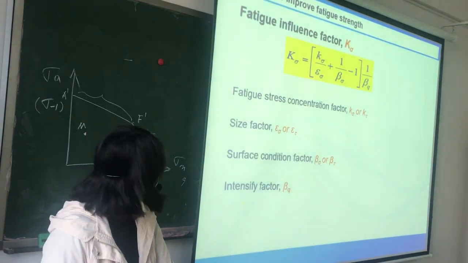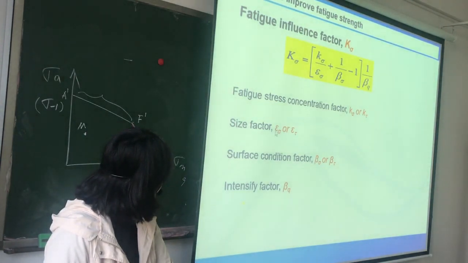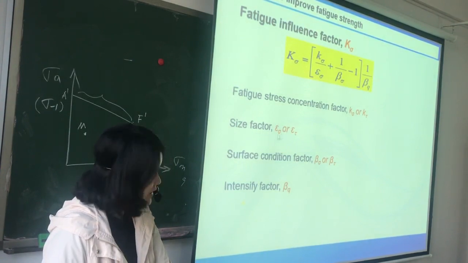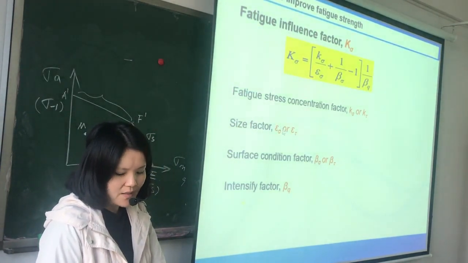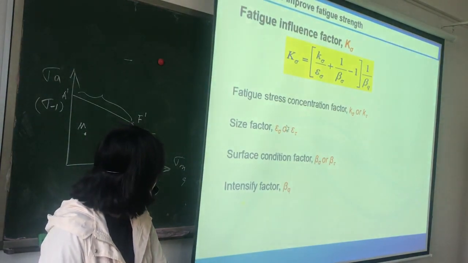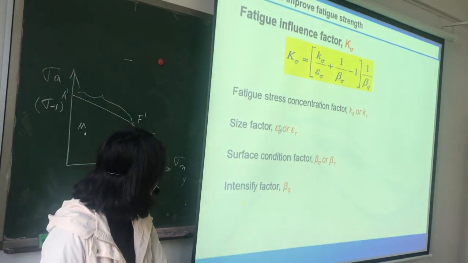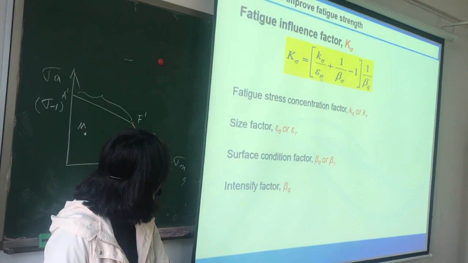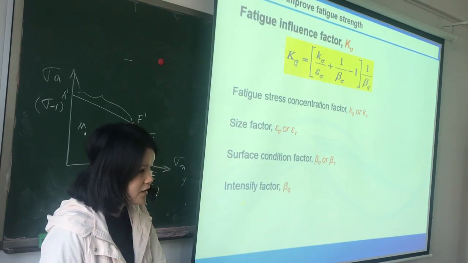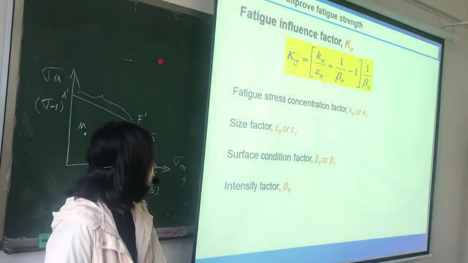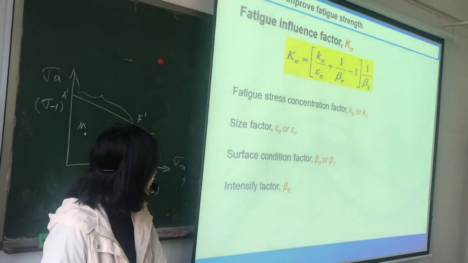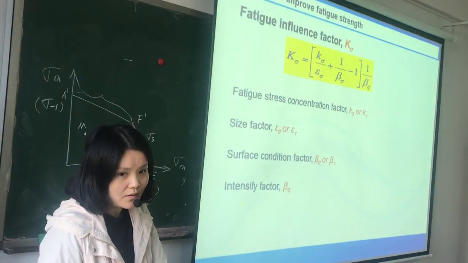The size factor epsilon sigma considers the element size. If the element size increases, this will decrease, and the fatigue influence factor will increase, and the fatigue strength of the element will decrease.